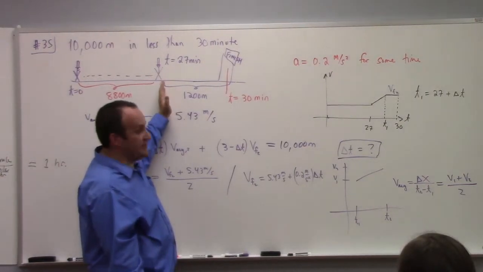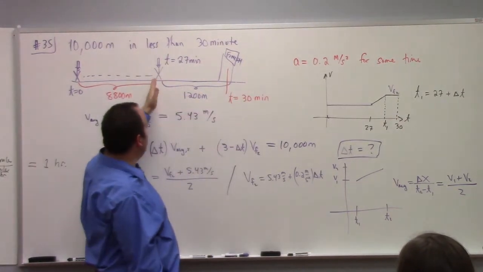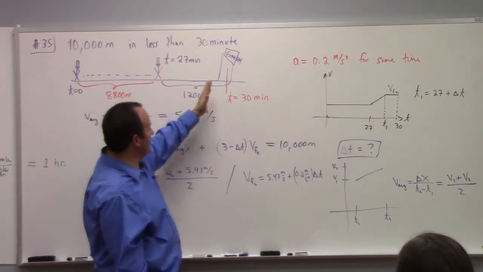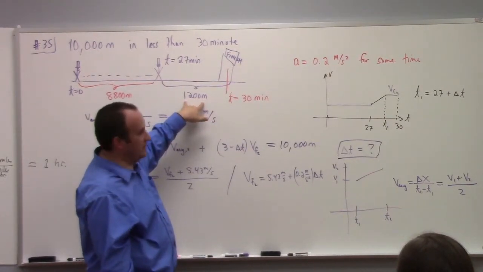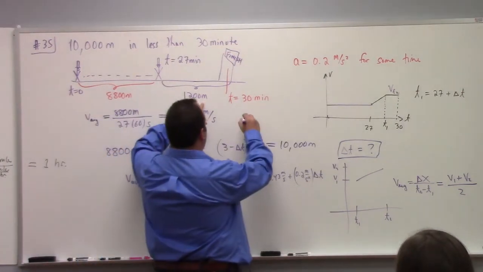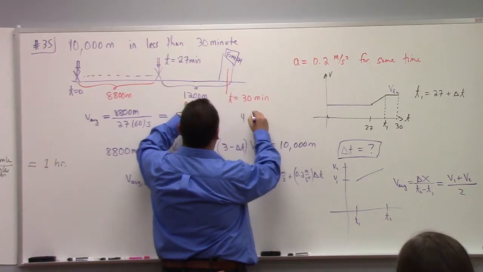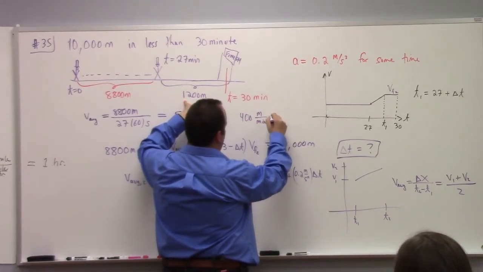The constant acceleration is over the whole final leg of the journey, and so you can figure out that the average velocity of the final leg of the journey has to be 1,200 meters divided by 3 minutes, whatever that is, I guess 400 meters per minute. So that's the average.